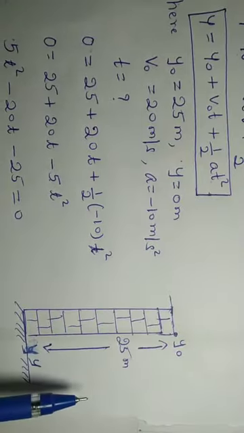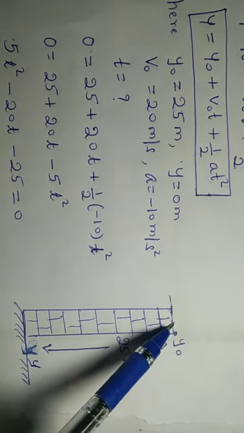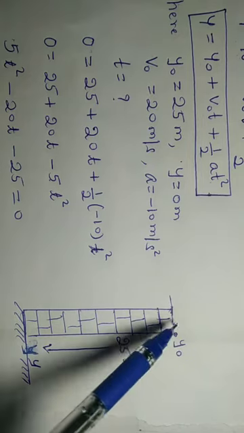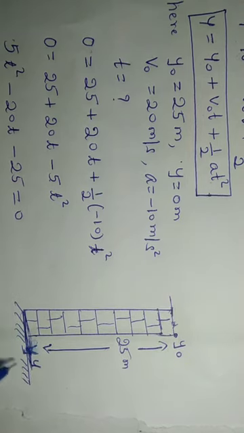See the diagram. When the ball was thrown, the ball was at this point on the top of the multi-story building. When it reaches the ground, the ball will be here. On the ground level, what is the height? The height is 0, therefore y equal to 0. Where was the ball?